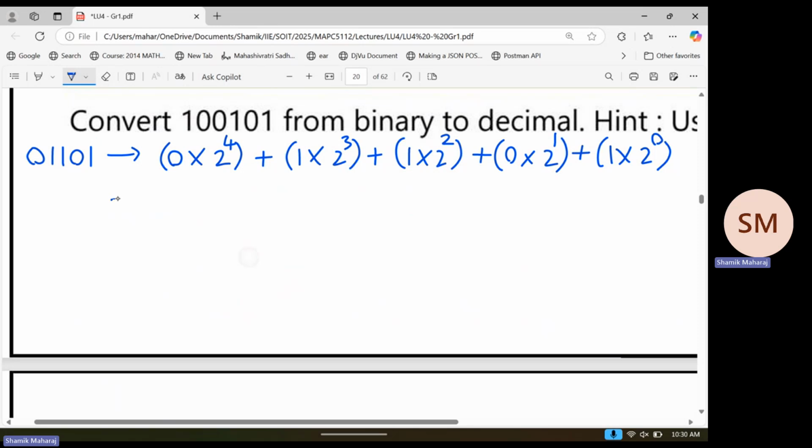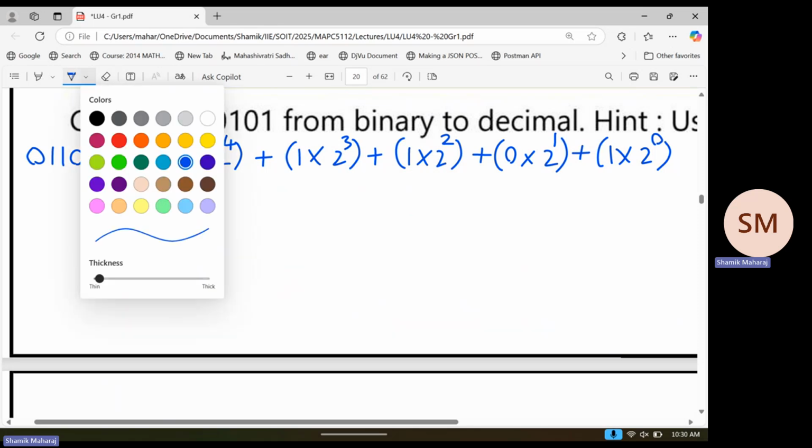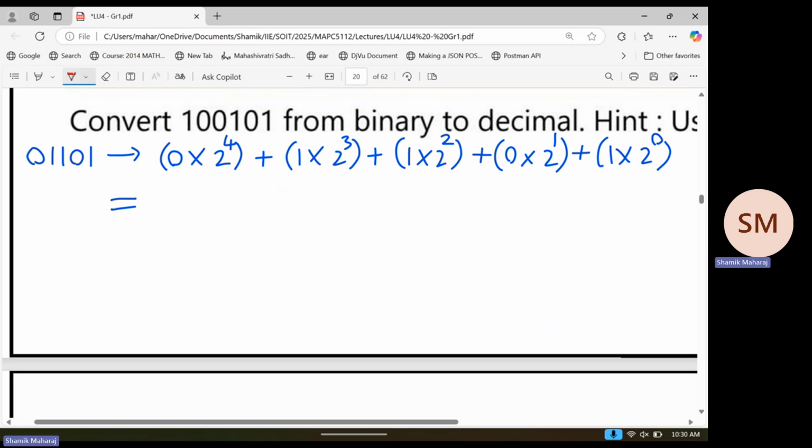But you guys will realize everything which has a 0 in front doesn't actually exist here. 0 times something is just 0. So these terms, whether you write them or not, doesn't matter. They don't contribute anything. I'm writing them so that when we're pulling in the powers of 2 from 0 all the way up until 4, we don't miss any. That's the only reason why I include everything here. But when you start getting more used to it, you can skip that part.